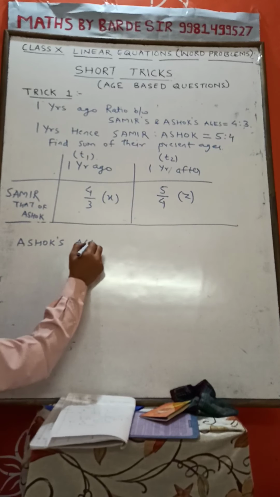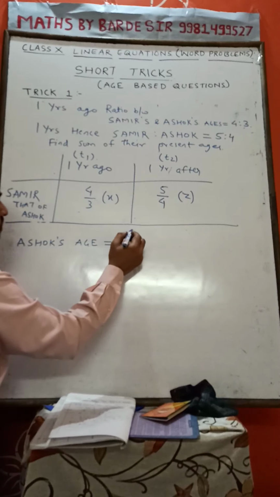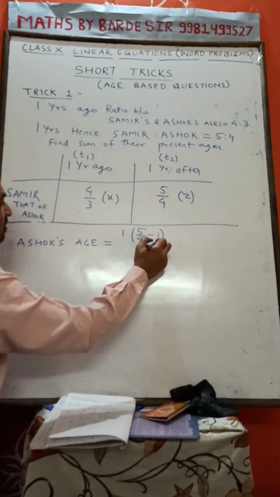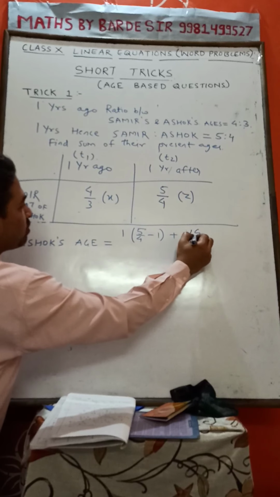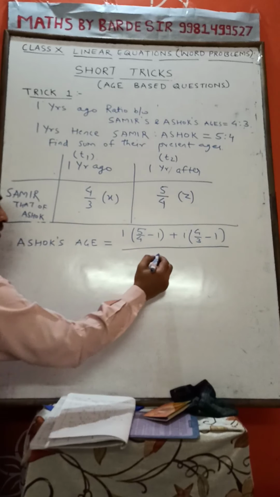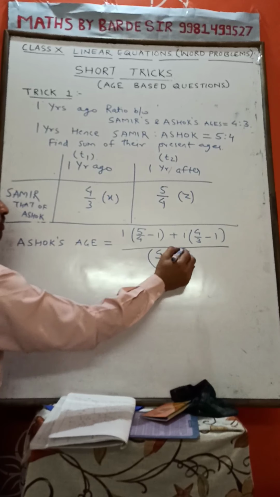So Ashok's age will be 1 into 5/4 minus 1 plus 1 into 4/3 minus 1 upon 4/3 minus 5/4.